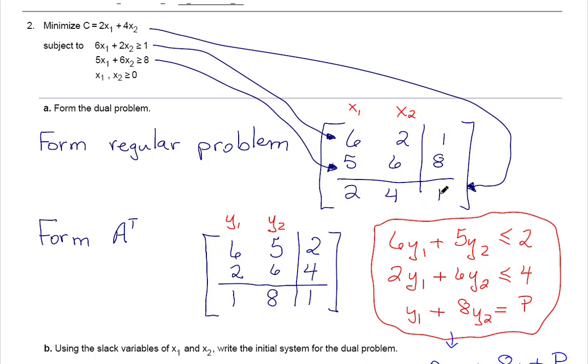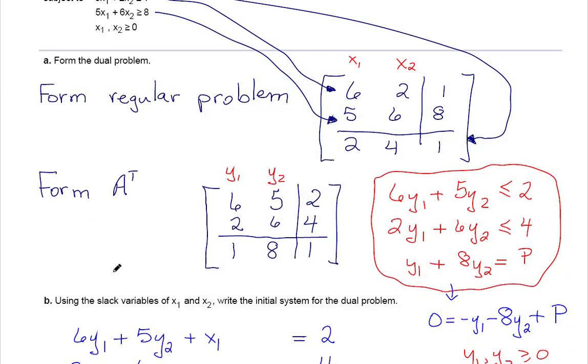We take that and then we form the transpose. So 6, 2, 1, the first row, becomes the first column. Second row, second column. Third row, third column.